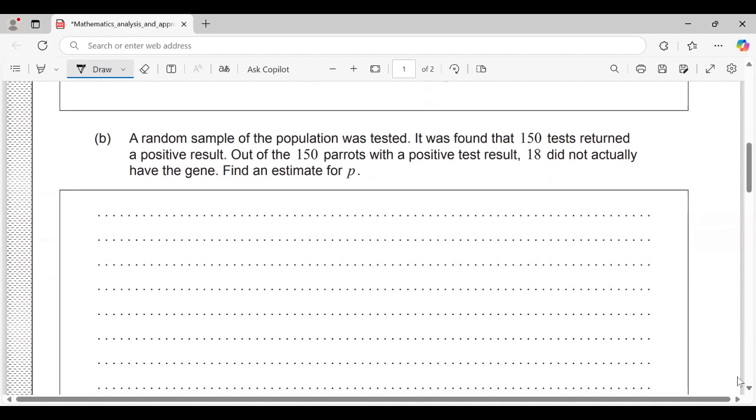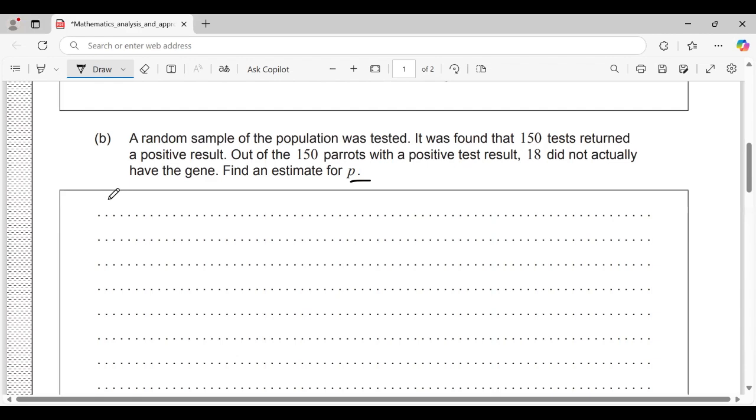A random sample of the population was tested. It was found that 150 tests returned a positive result. Out of the 150 parrots with a positive test result, 18 did not actually have the gene. Find an estimate for P. Okay.